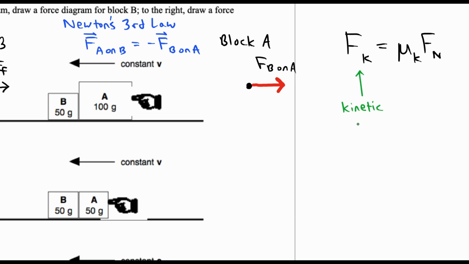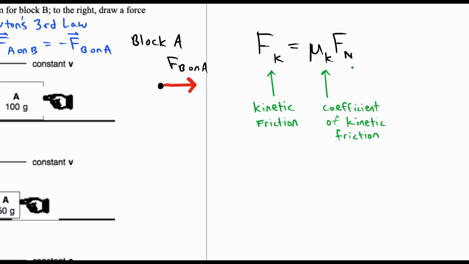That's friction due to motion. Mu k is going to be a coefficient of kinetic friction, and Fn is the normal force between the surface of the object and the surface that's causing the friction.